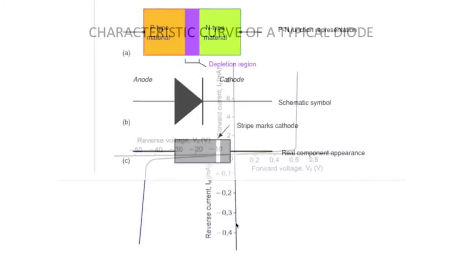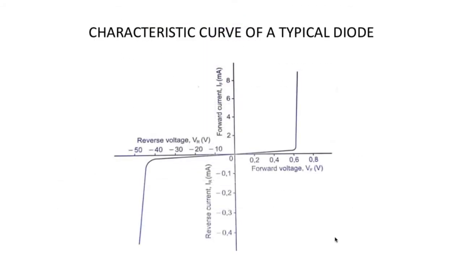This here is a characteristic curve of a typical diode. If you look closely, from 0.2 to 0.4 up to 0.6 on our forward voltage, the forward current is roughly at a constant flow.